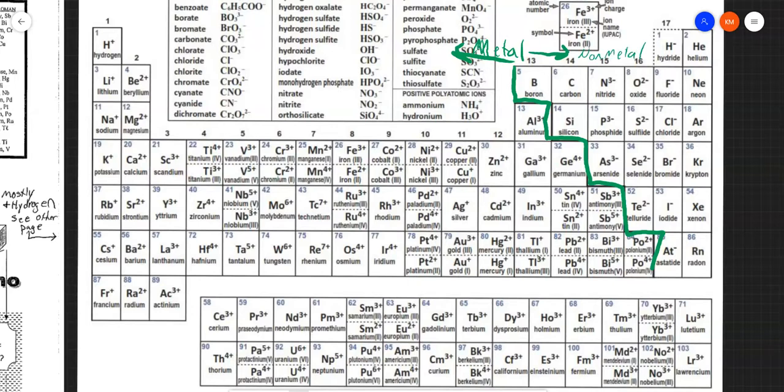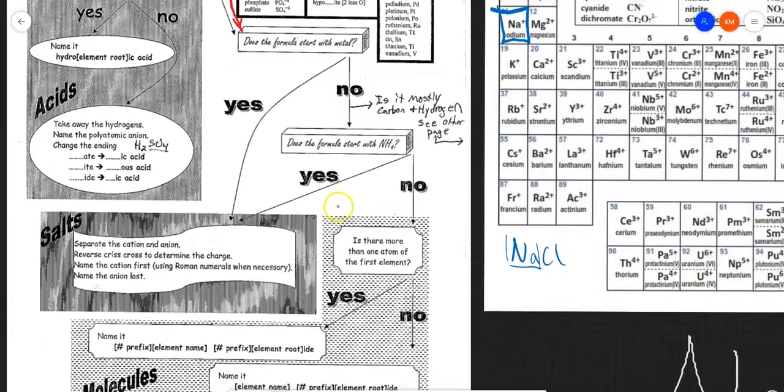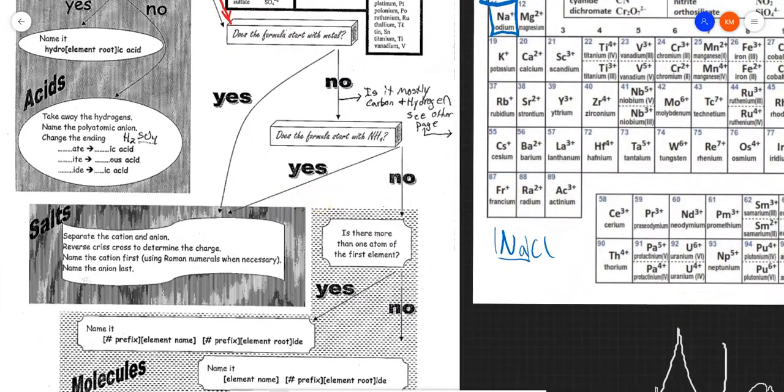I'm doing NaCl, so this is the first element in the formula. I found it right there. Because it's left of the stair step, yes, it is a metal. So, does it start with a metal? Yes.